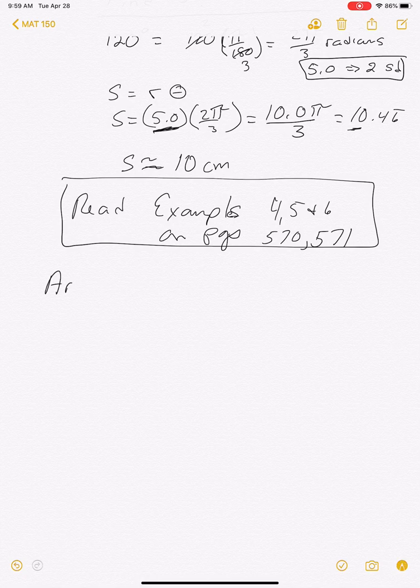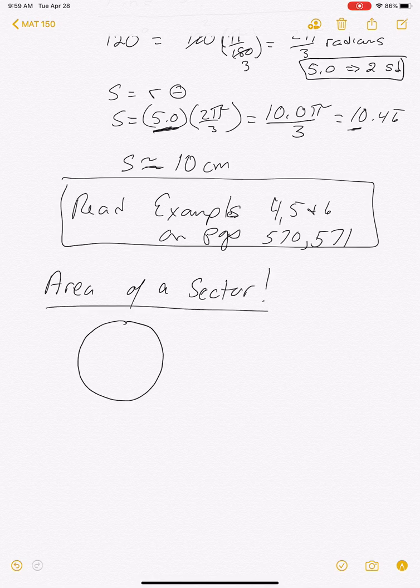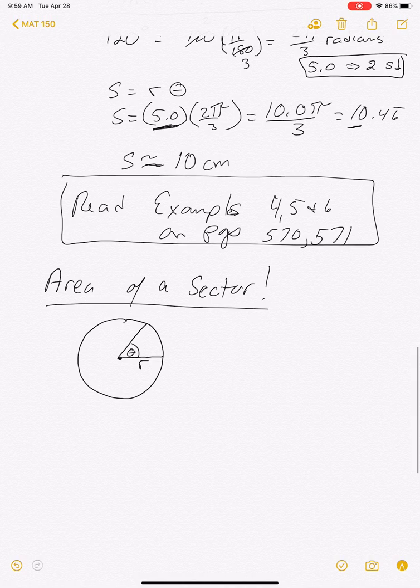So finding the area of a sector. In other words, we have a circle, we have an angle, we have a radius. What's the area in this sector? Well, there's a lot of different ways that you could do it, and I'm sure that if you put your mind to it, you could probably figure this out without any formulas.